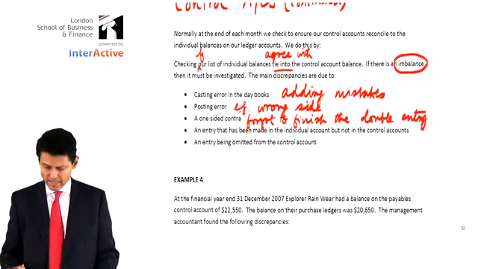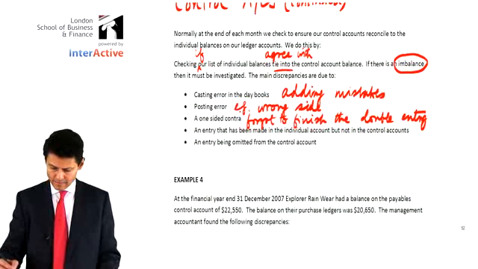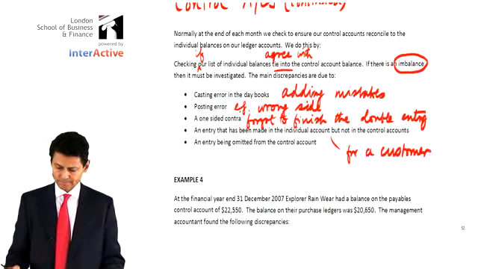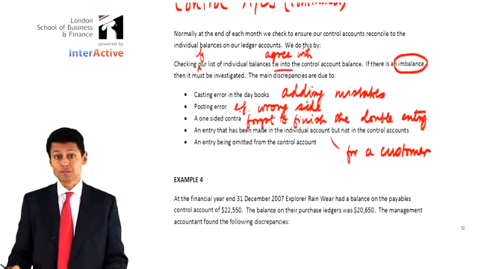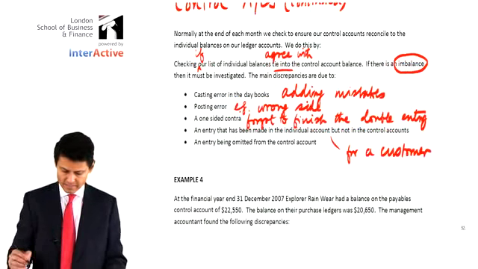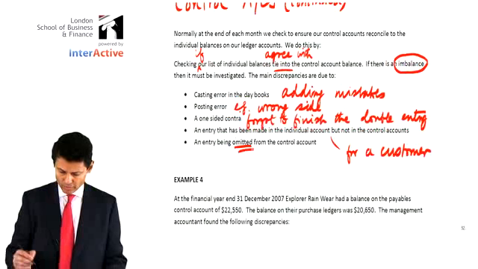An entry that has been made in the individual account, the individual account being for a customer, but not in the control account. Now that could cause a problem, of course. An entry being omitted from the control account. So that's a straightforward omission.